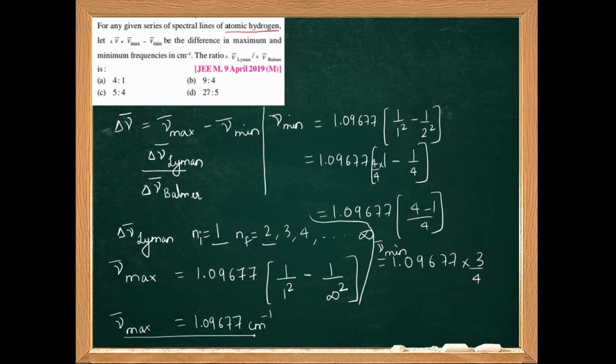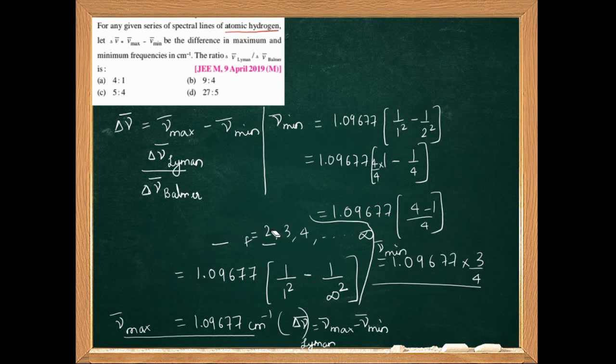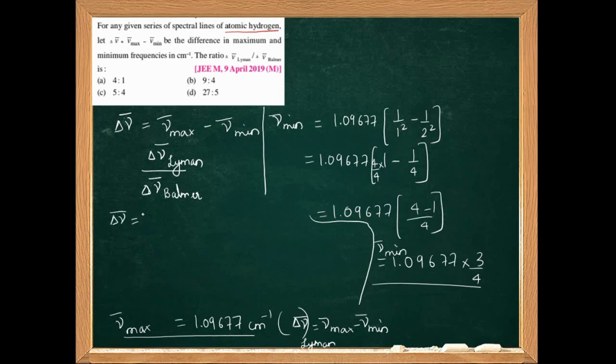Now I have the maximum value and the minimum value. All I have to do is subtract. So delta nu bar is nu max minus nu min. So delta nu bar is equal to the maximum, 1.09677, minus the minimum, 1.09677 into 3 upon 4.